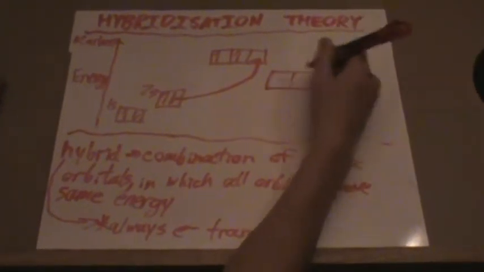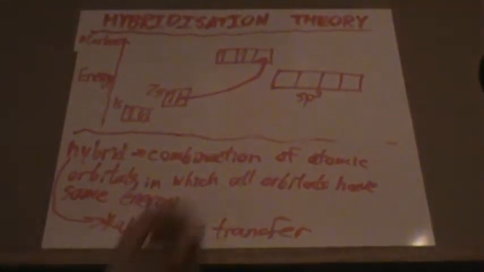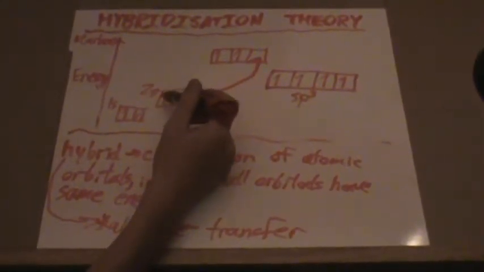So if we draw our hybrid orbital over here, it has four orbitals, and we label it sp3, because for now we are going to assume that sp3 is the only hybrid orbital, even though we will learn differently. Each orbital will have 1 electron in it. And as we can see, it is of higher energy than the 2s orbital, but of lower energy than the 2p orbital.